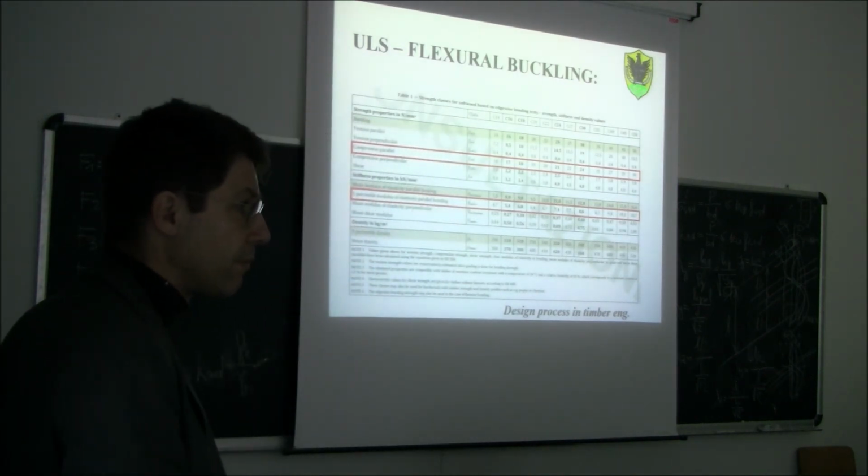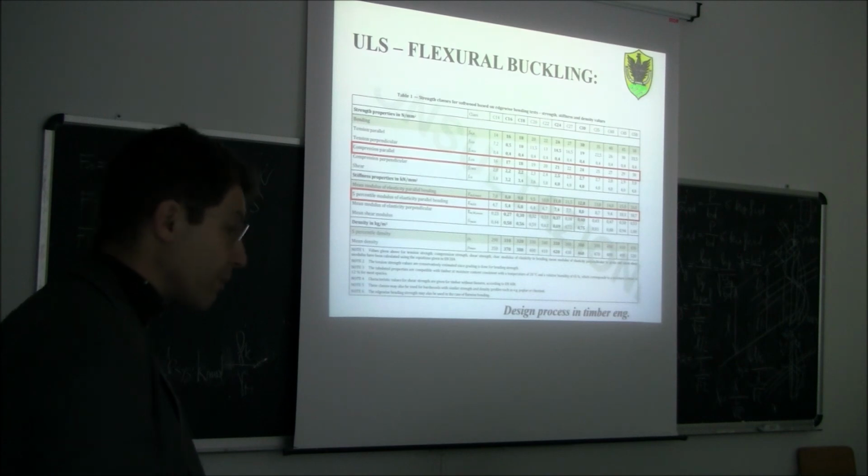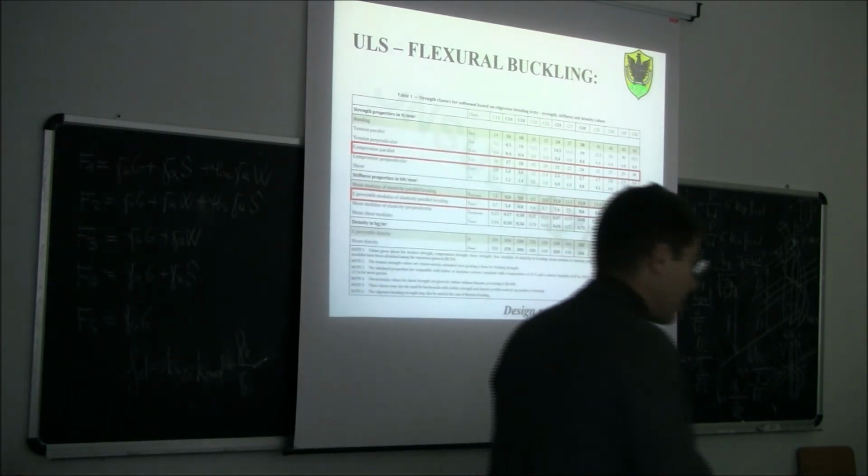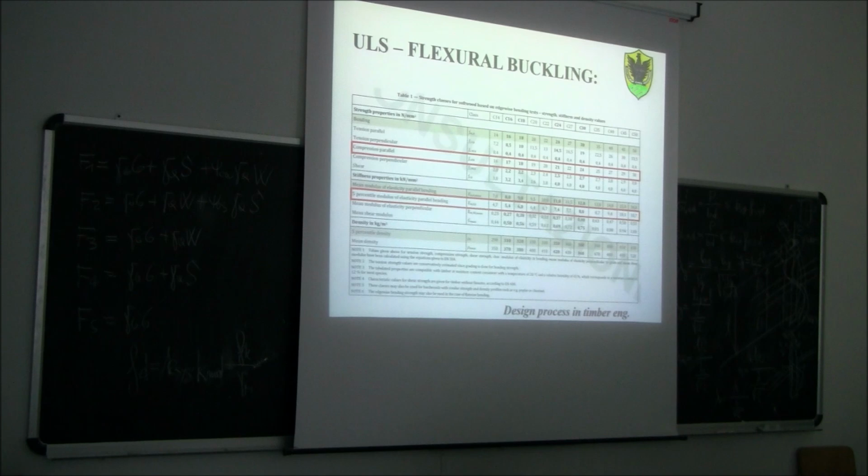Any idea? What's one of the most important differences between steel as a material and timber? The defects? The distribution, the scatter of results. If you remember, the probability density function of the modulus of elasticity of timber is much wider compared to the probability density function of steel.